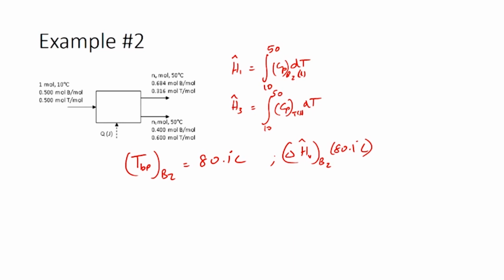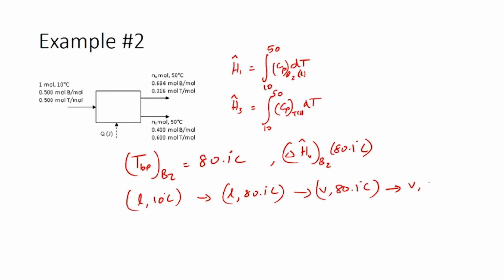So, this would be the hypothetical path: liquid at 10 degrees Celsius goes to liquid at 80.1 degrees Celsius, from here it goes to vapor at 80.1 degrees Celsius, and from here it goes to vapor at 50 degrees Celsius.